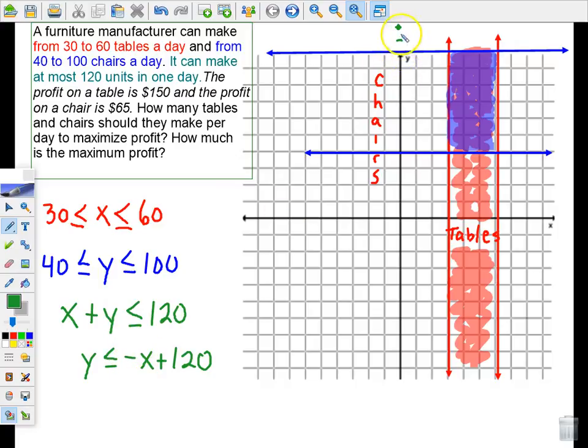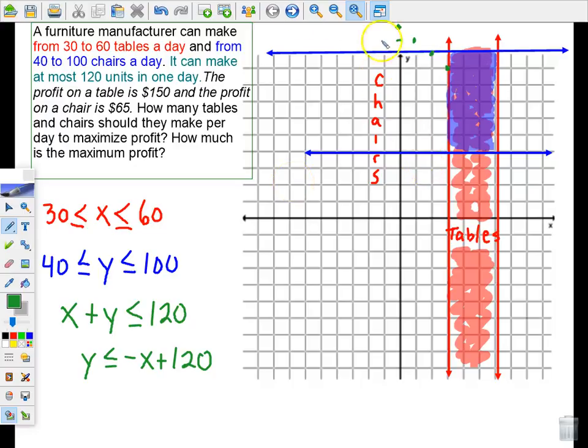Well, I know these are in tens, but isn't -10 over 10, isn't that -1? Yep, it is. So I can go down 1 and right 1, down 1, right 1.